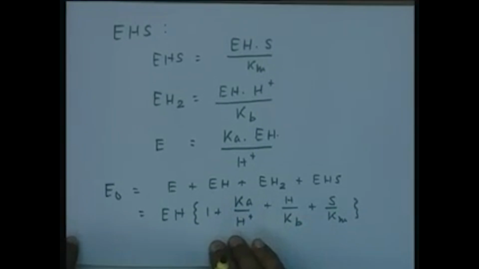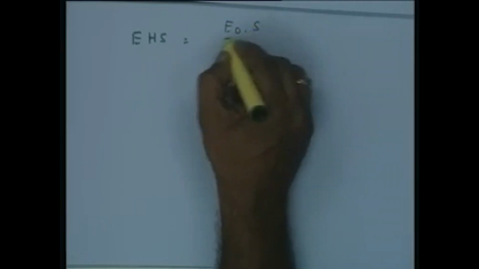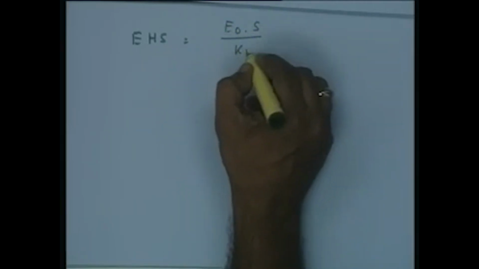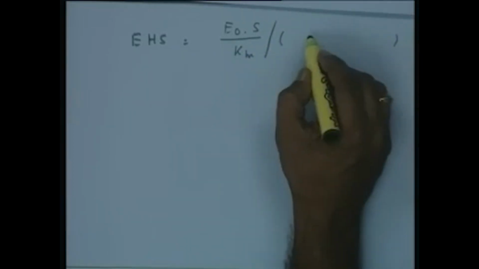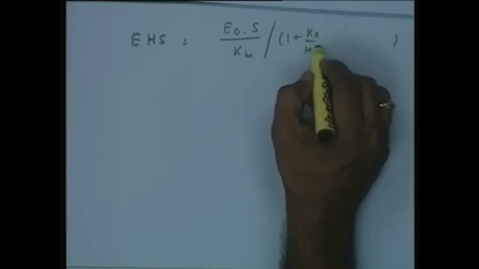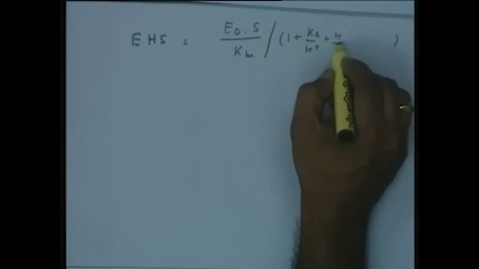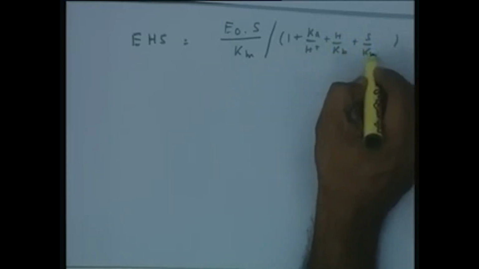Now, therefore, from this we put the expression in the term for EHS. Your EHS will be your E naught into S upon Km, whole divided by the whole term in the parenthesis, that is 1 plus Ka upon H plus H upon Kb plus S upon Km.